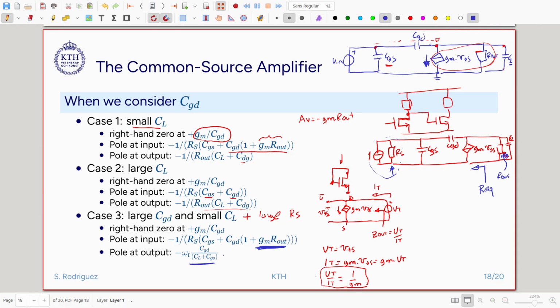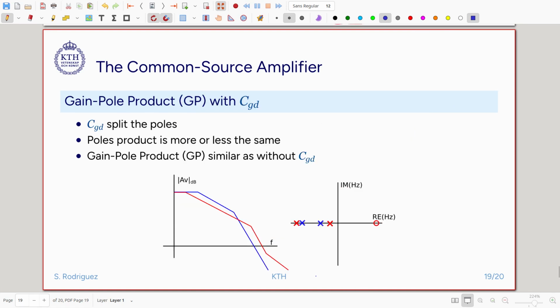Then, at the end of the day, the first pole, if we assume the position of the pole without a very large CGD, was here. When we add that capacitor and increase its value, it will move to a lower frequency. And the second pole, the output pole, on the other hand, will move to a higher frequency.